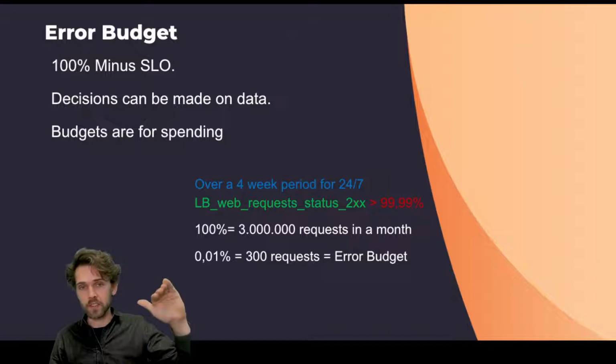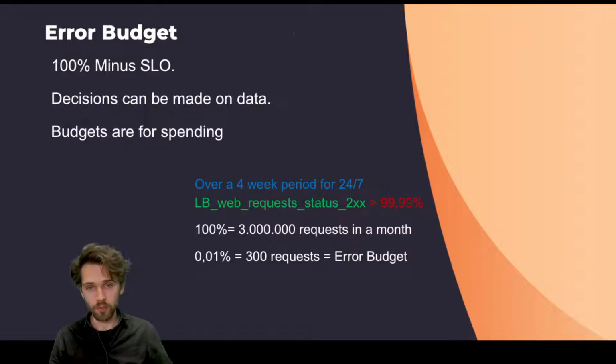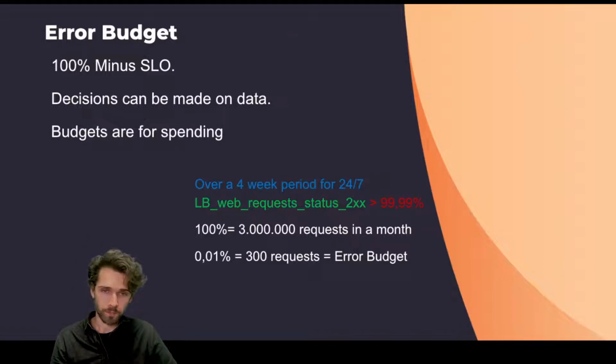So it's a sliding scale, and that means it slides along with your service growth. On 3 million requests, we can only have 300 requests that may result in an error, which is not much, but we should be aiming for spending this budget.